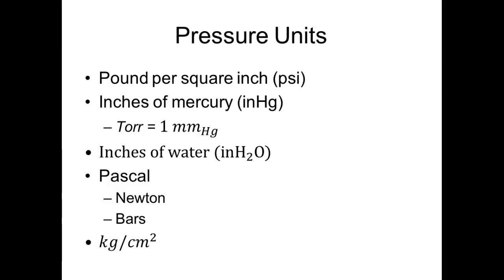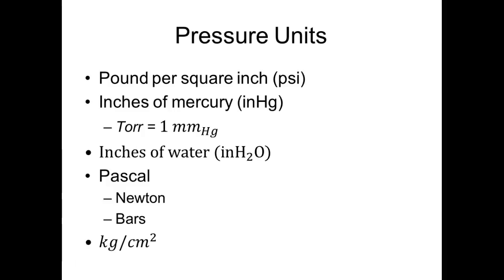So if I had 2 torrs, it would be 2 millimeters. We have inches of water. And then, of course, we get into the SI units, which would be what? Pascals, bars, and then kilograms per centimeter squared, which is basically a way of representing pressure. Are we okay?